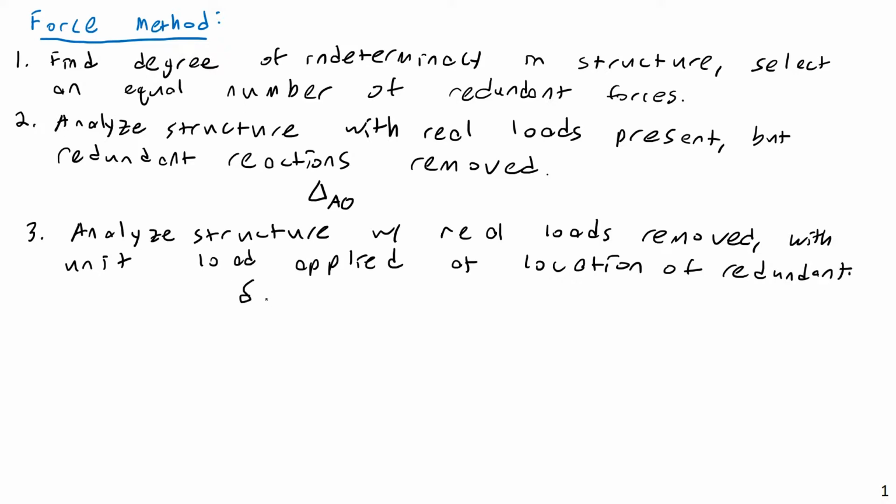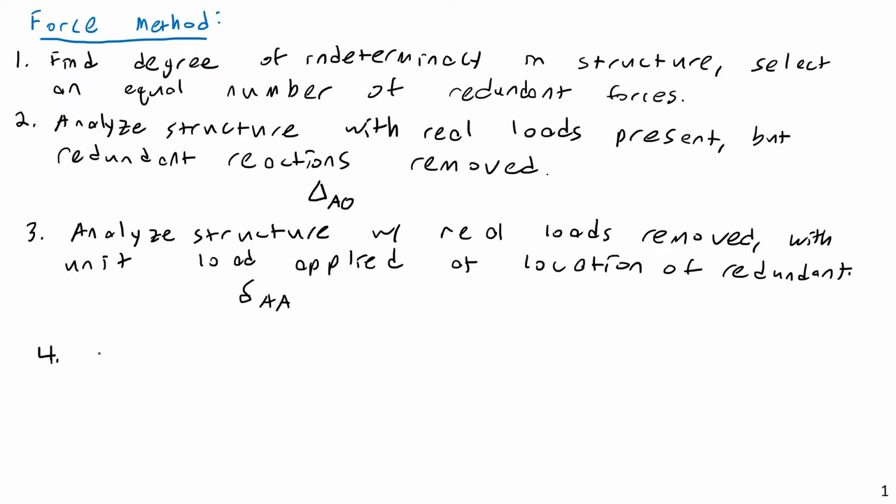And I might calculate something like a lowercase delta AA. A delta AA, that would be the deformation at point A under a unit load at A, or the displacement at A from a unit load applied at A. And again, you could use whatever method of analysis that you'd like for this, whether integration, virtual work, whatever it may be, to find these.